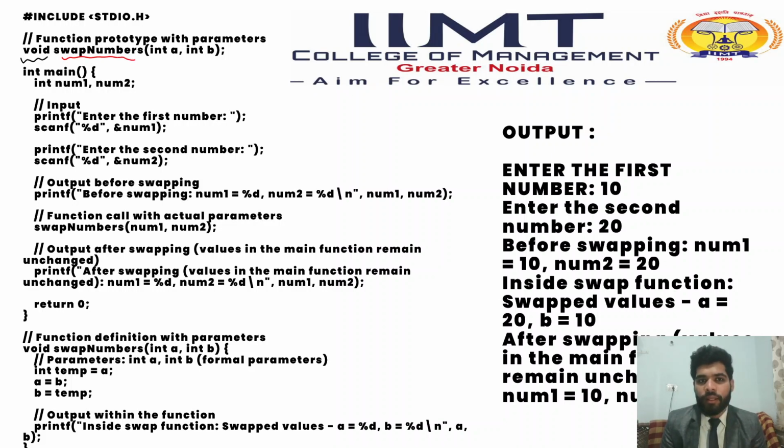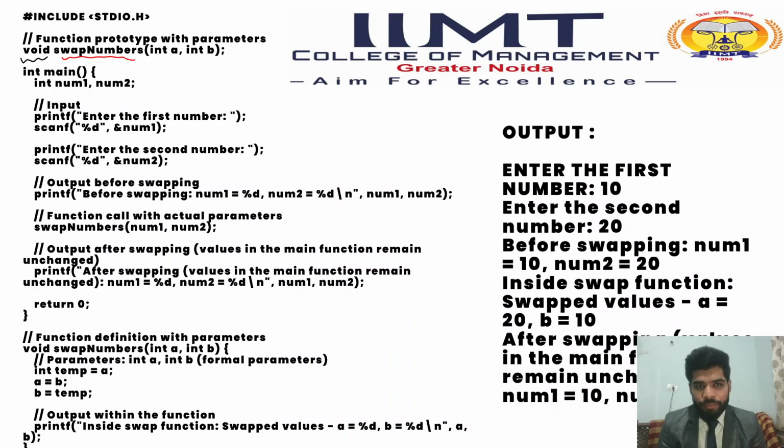In the brackets, we have taken two variables, int a, int b, and these variables are known as formal parameters. These variables act as placeholders, and they store the values that will be passed into the function, followed by a semicolon. Why have we declared it? Because just like a variable, before using a function, we have to declare it.